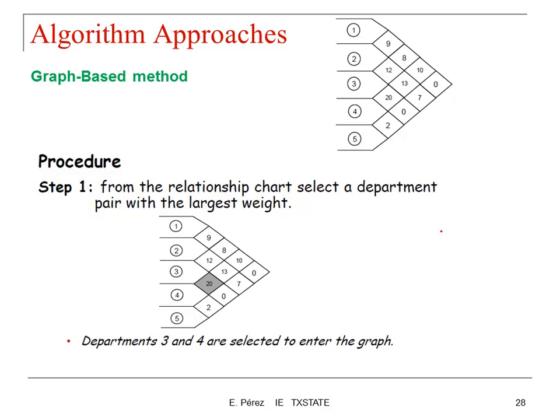If you look at the graph at the top, the one that has the largest weight is this one. So that's our first step. Departments 3 and 4 are selected to enter the graph.